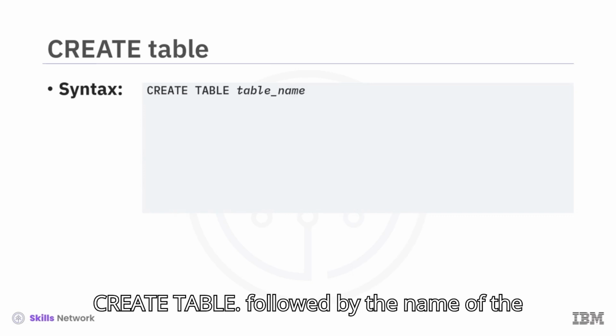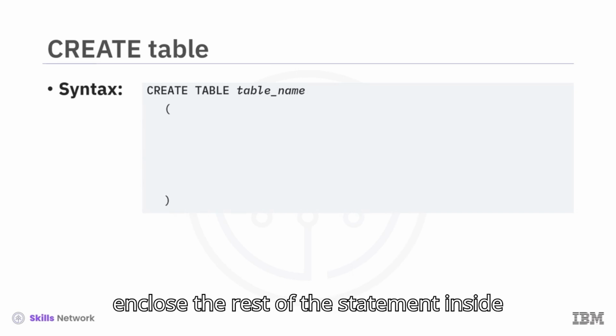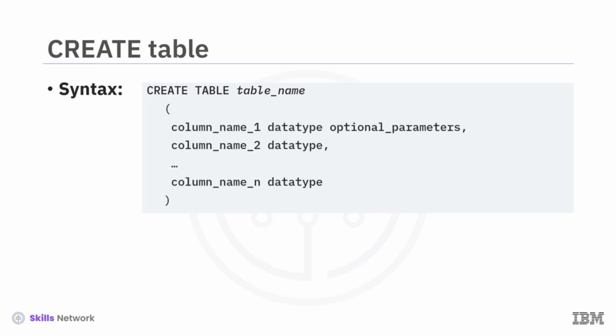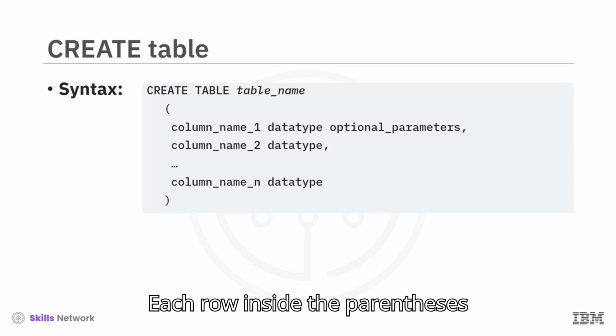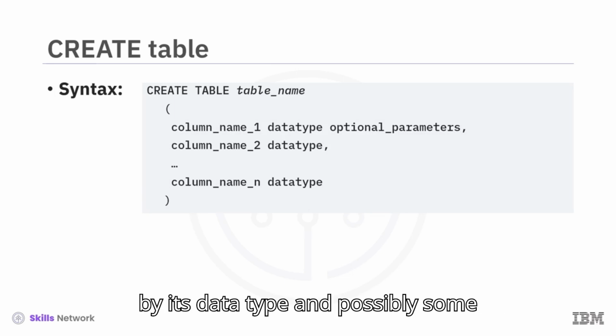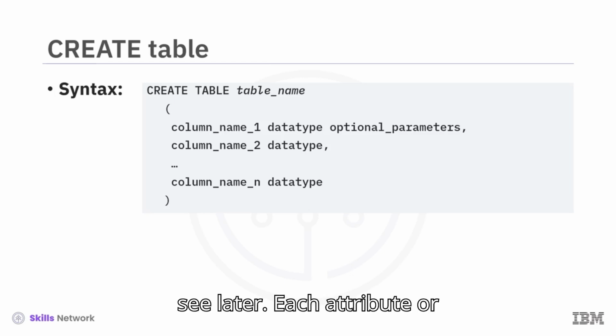The syntax of the create table is shown here. You start with create table, followed by the name of the table you want to create. Then enclose the rest of the statement inside a pair of parentheses or round brackets. Each row inside the parentheses specifies the name of a column, followed by its data type and possibly some additional optional values that we will see later.